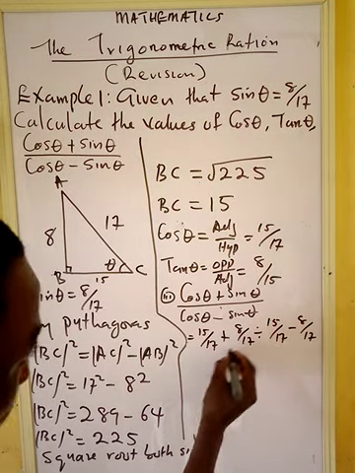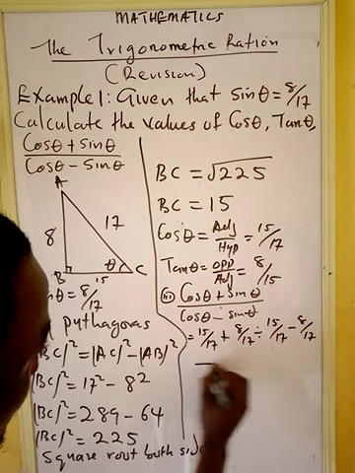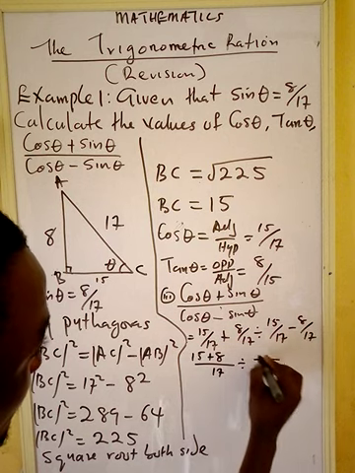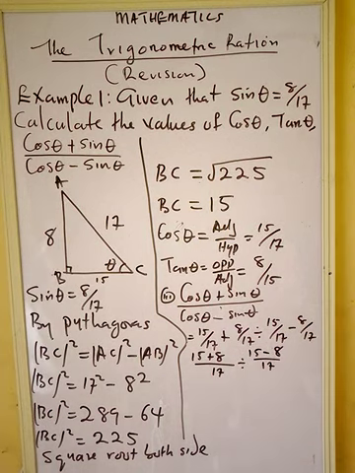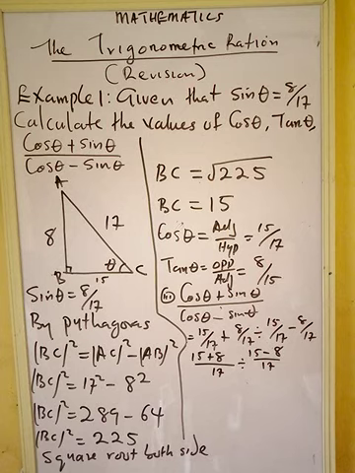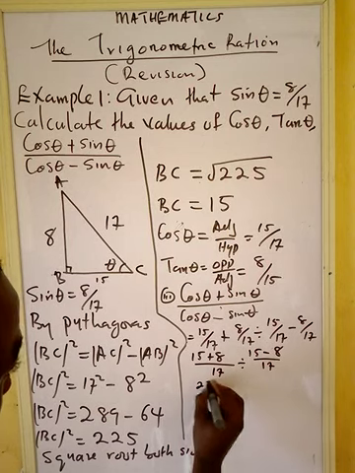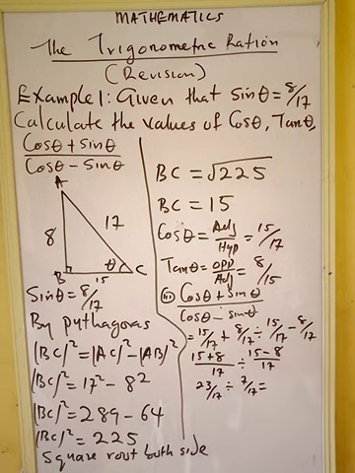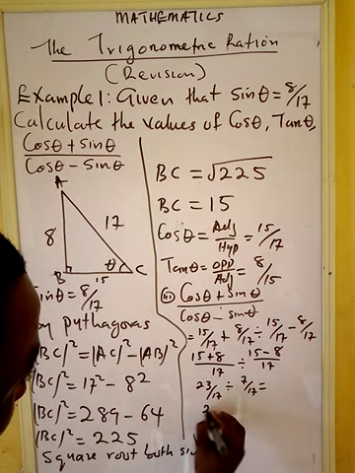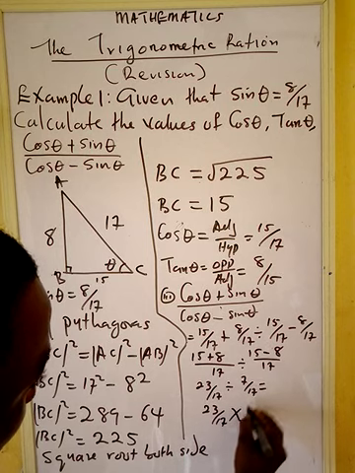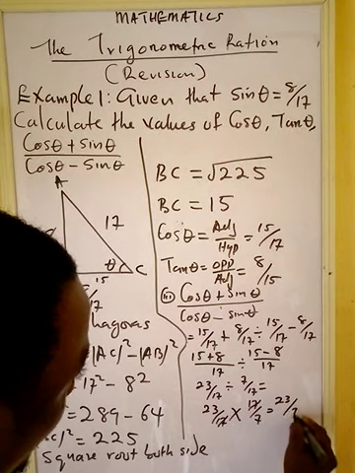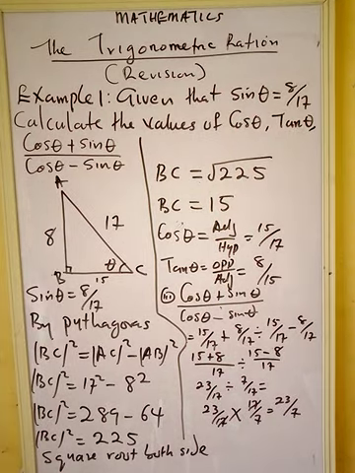The common denominator is 17, and 17 cancels 17. 15 plus 8 gives us 23, and 15 minus 8 gives us 7. So we have 23 over 17 divided by 7 over 17, which is 23 over 17 times 17 over 7. We cancel the 17s, and we have 23 over 7. So 23 over 7 is our final answer.